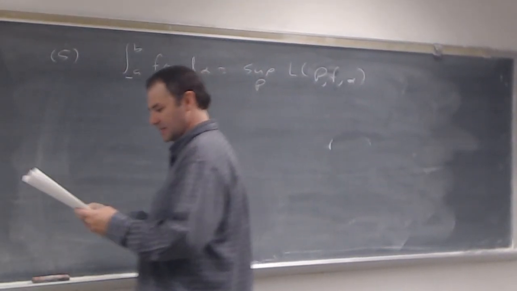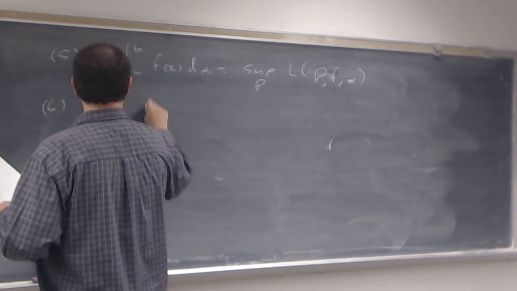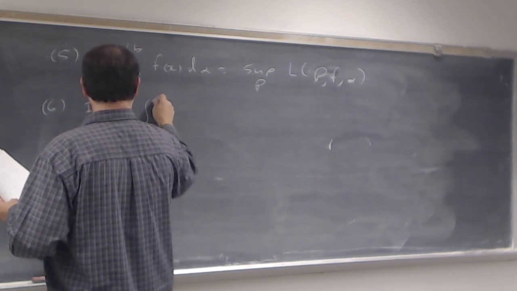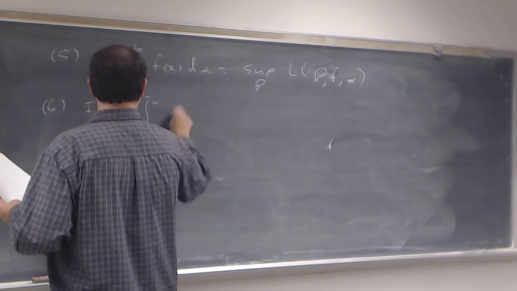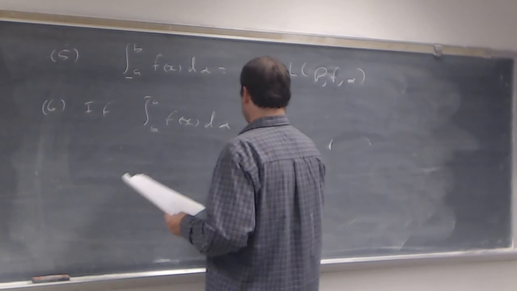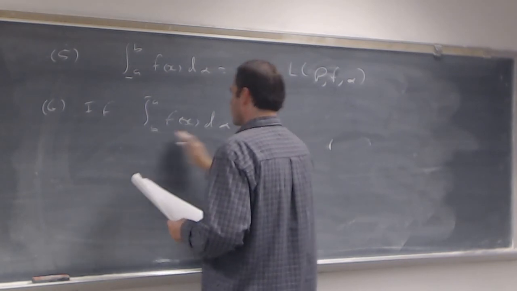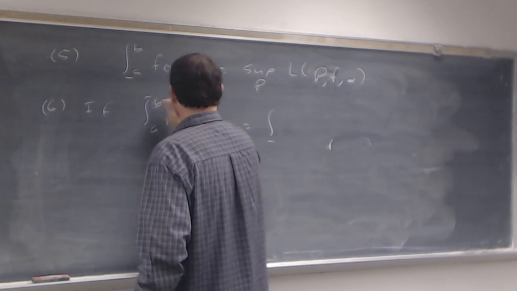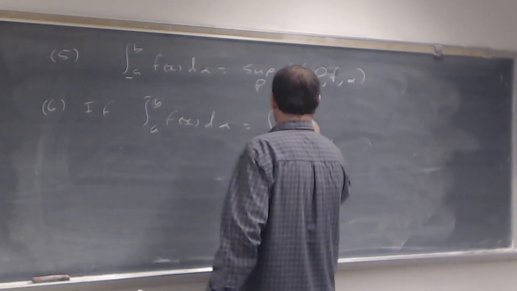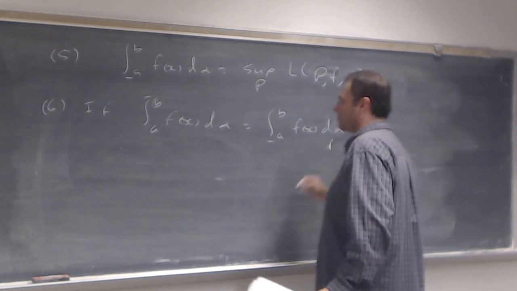Okay, and then lastly, if this upper Riemann-Stieltjes integral with respect to alpha equals the lower one, this should be A to B. This should be d alpha.